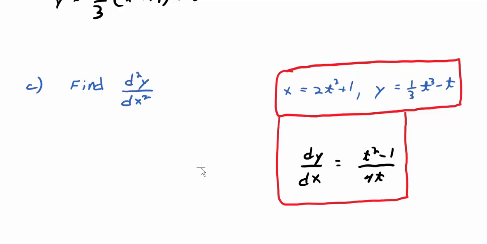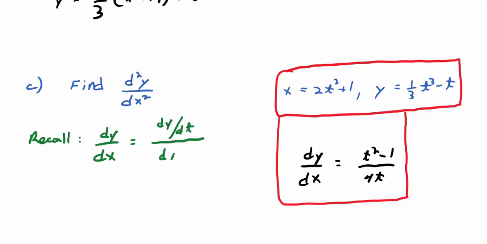Okay, well, I want you to recall then that the generic formula for dy/dx in terms of t is dy/dt divided by dx/dt.